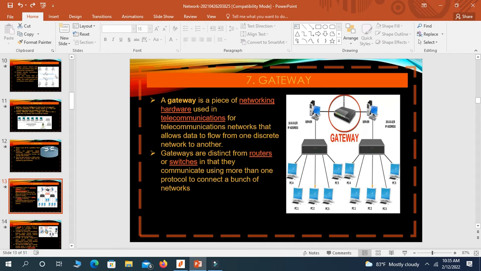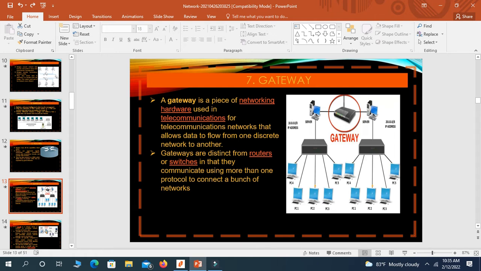This can be considered one discrete network, and this another discrete network. In between them there is a gateway, connected to the server on both ends. So it is used for transferring data between one discrete network and the other. I hope it is understood.